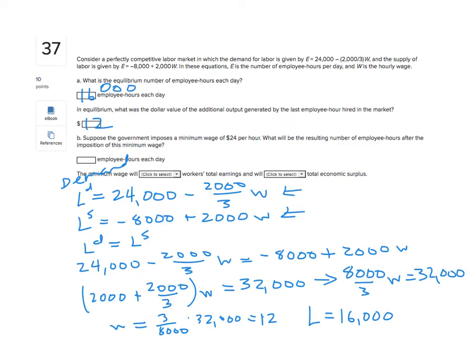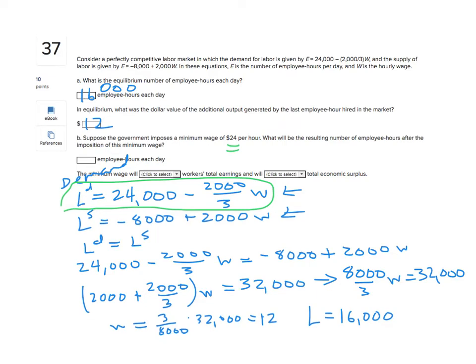But we're going to have to check that. So let's keep going. There's a long problem. I didn't leave myself quite enough room. We can figure out the employment at the minimum wage simply by plugging $24 into the labor demand curve, not the labor supply curve, because remember that there's more labor supply than labor demanded when the minimum wage is above the market clearing wage, and only the hours that the employer demands get hired.